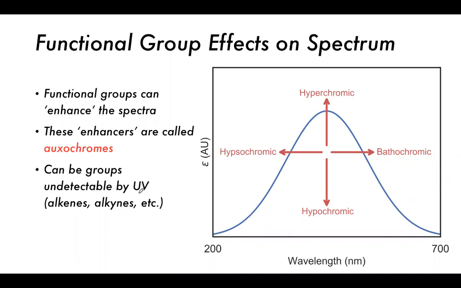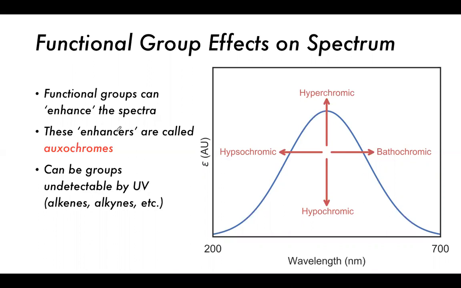So some of these oxychromes are not individually detectable by UV. So we cannot get a peak position for them, but they can contribute to the overall expression of the analyte in the UV-Vis spectrum.